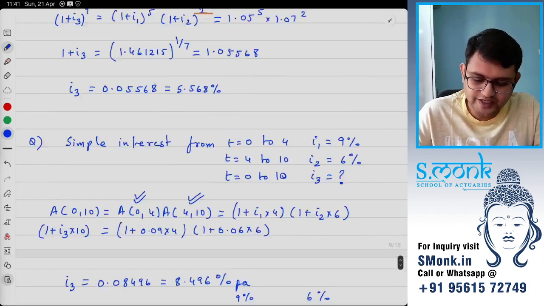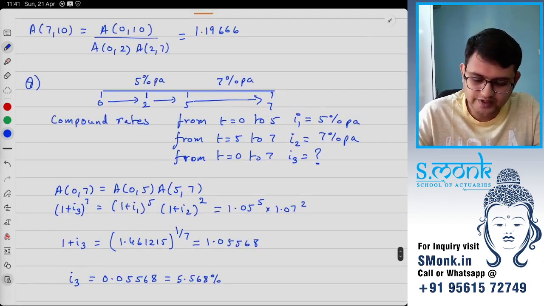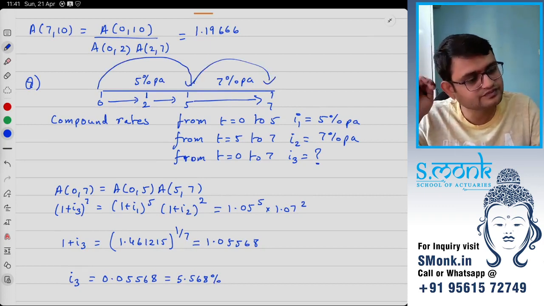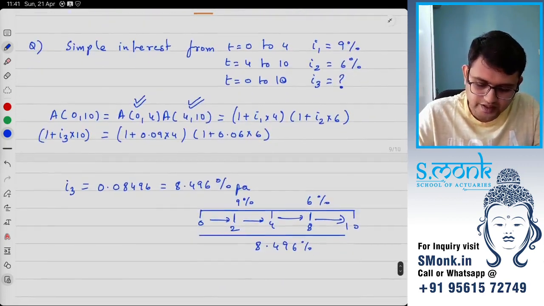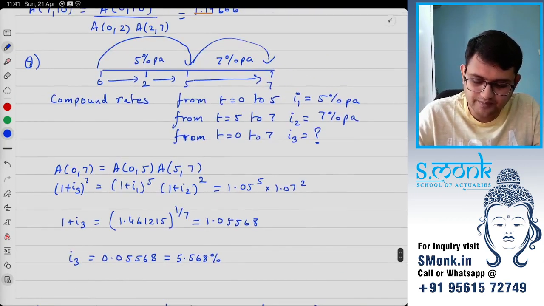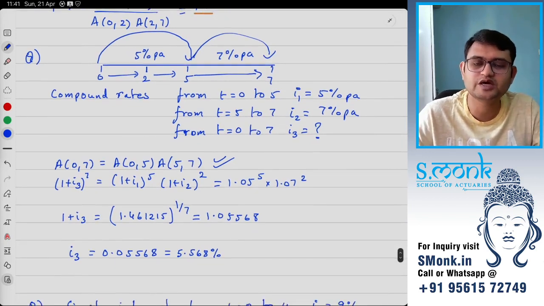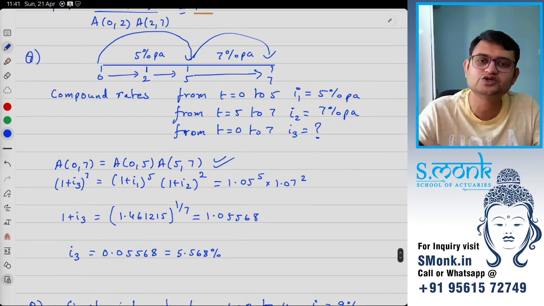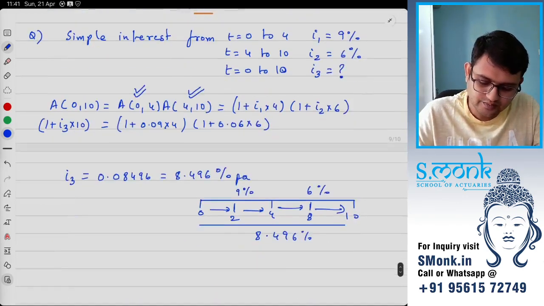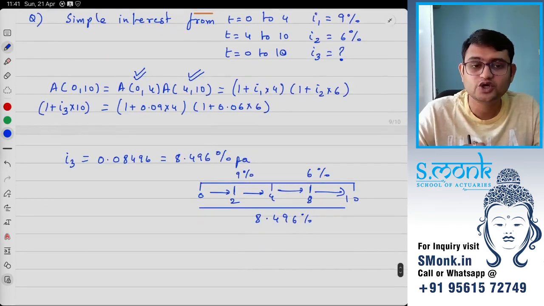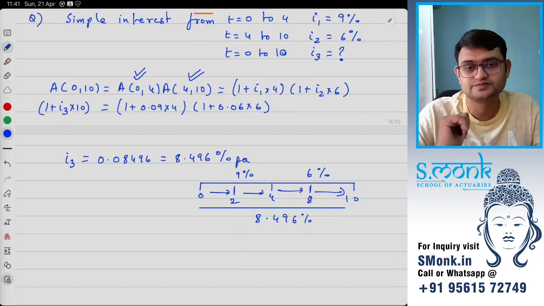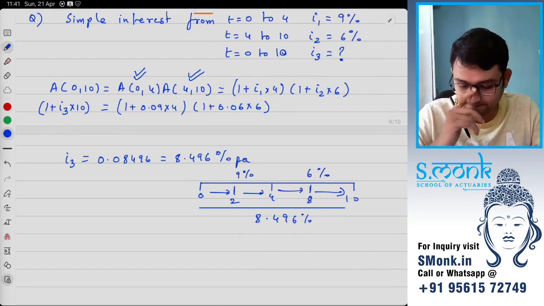Okay, we are assuming the same thing here as well. We are assuming that we reinvest at time 5. This is what we are assuming. But it does not make a difference in compound interest. It does not make a difference whether we reinvest the whole thing or not, because compound interest already gives us interest on interest. But simple interest does not. So reinvesting matters. Okay.